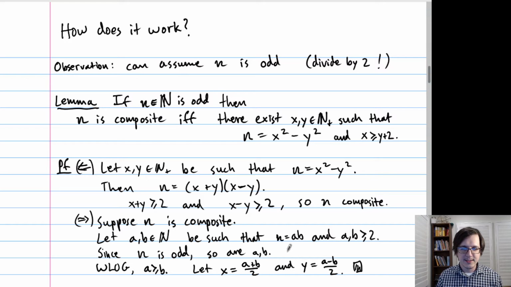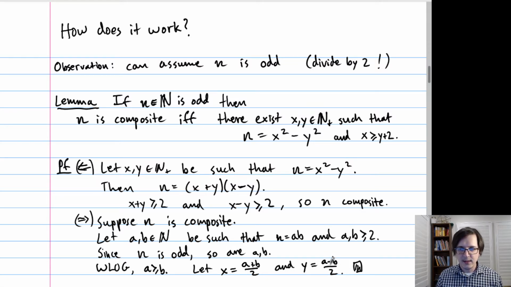By symmetry, one of them is going to be at least as large as the other, so without loss of generality, assume a is the one that is at least as large. Then because they're both odd, we can take their average, x equals a plus b over 2, and that will be a natural number. Also y equals a minus b over 2 is going to be a natural number.